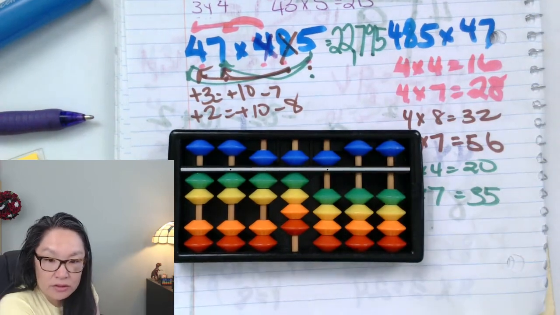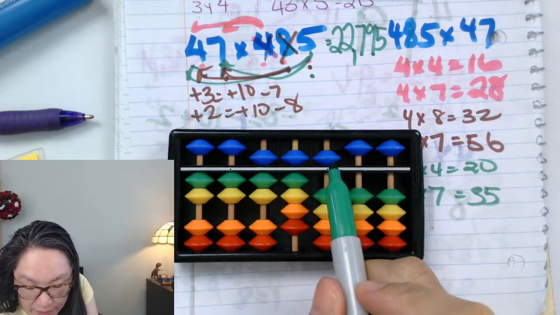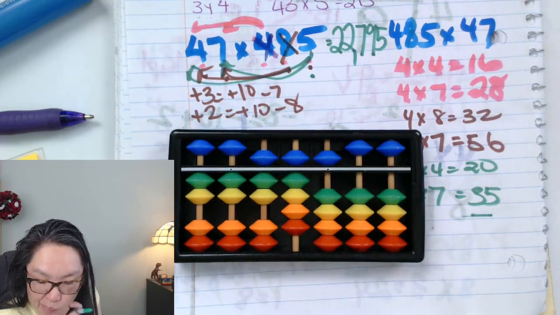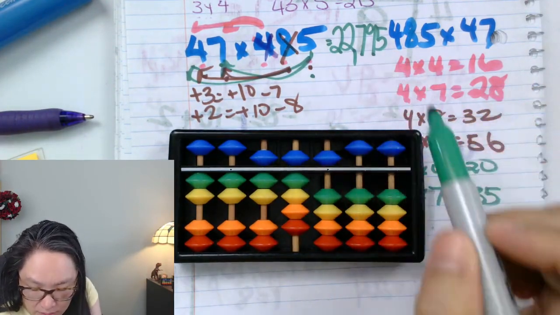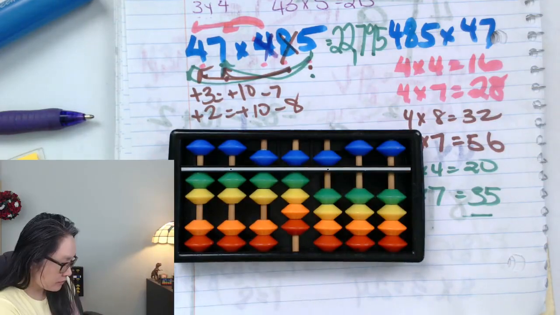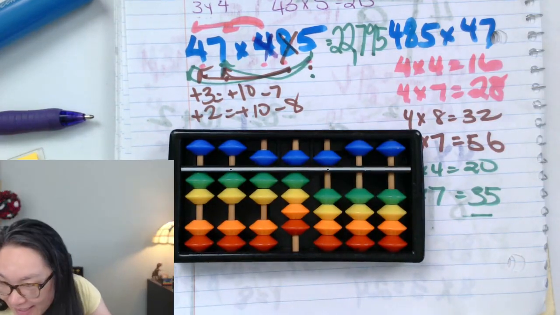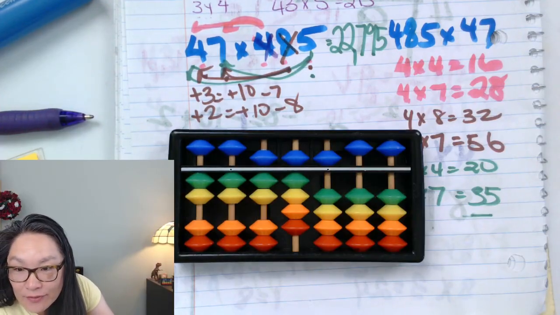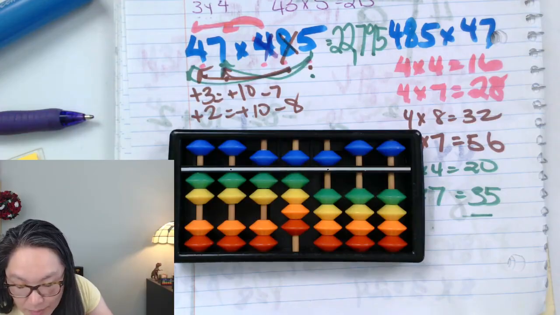There we go. 22. We got the 5, because it's 35. Yeah, not 8. Is it 8? It's not 8. Did I do that wrong? I have to check. Let me check. 47 times that by 4, 8, 5.